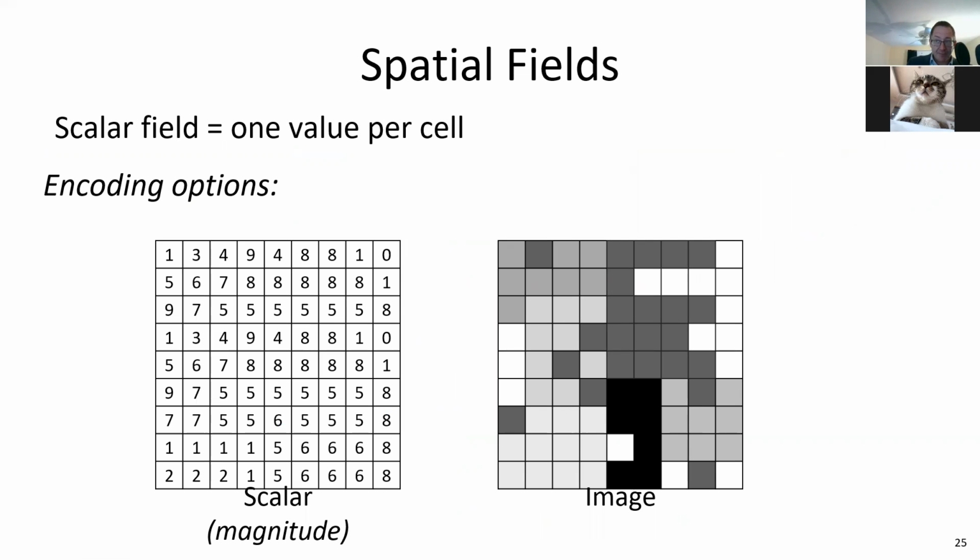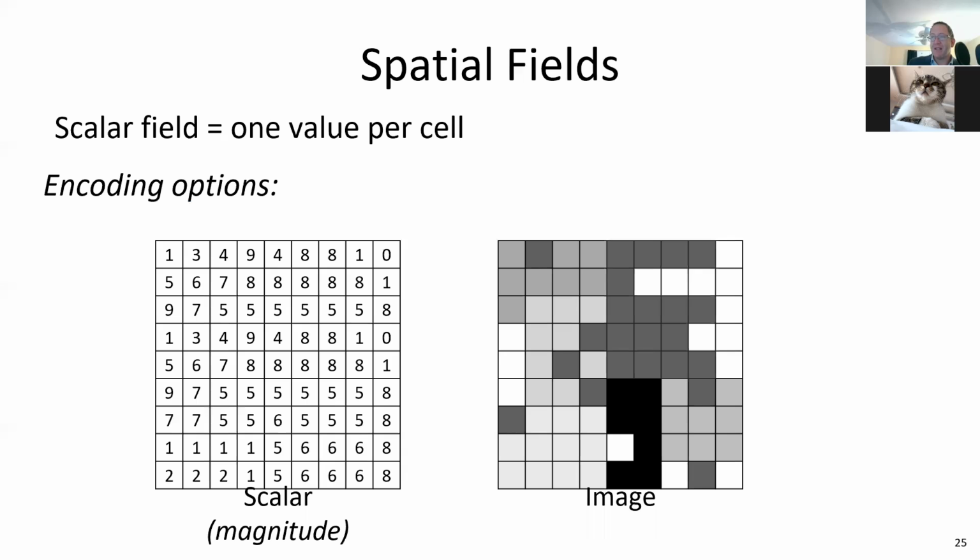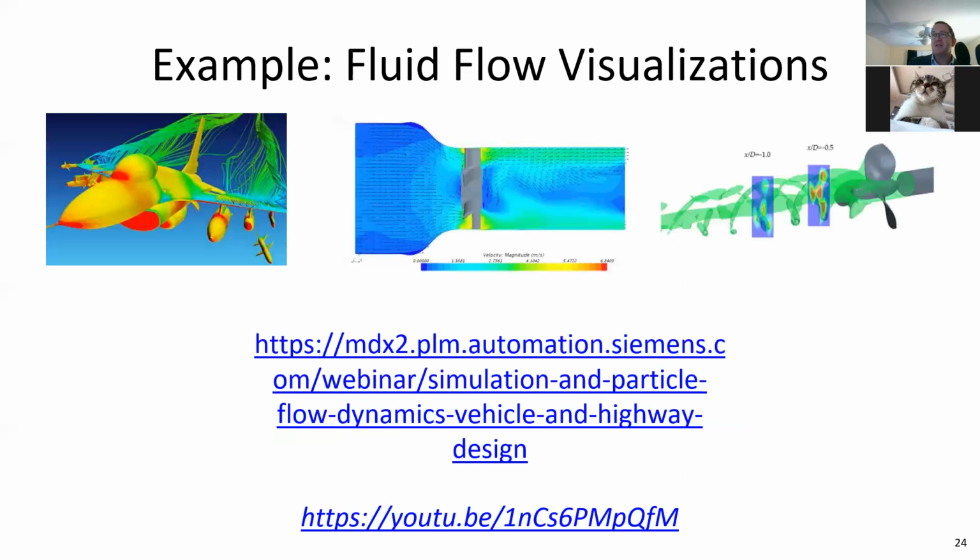So we have scalar fields. We can just color each individual cell block based off of what we're seeing. That's one. That's a scalar field. We also have a vector field and a tensor field. By the way, this would be the scalar field right here.